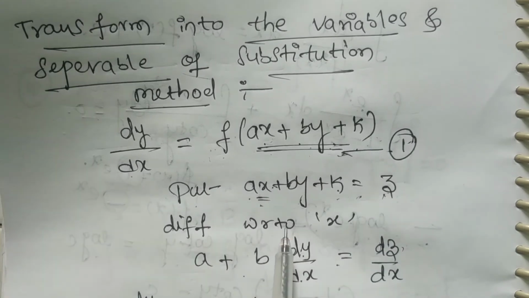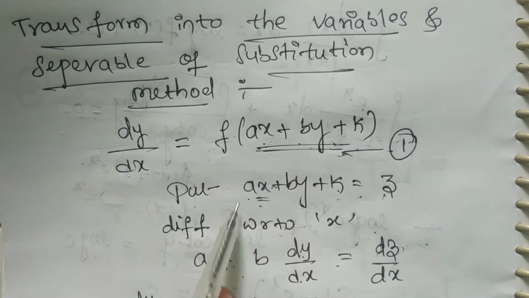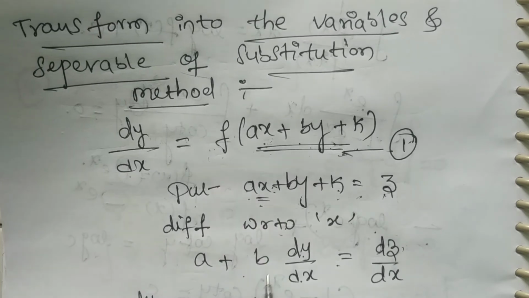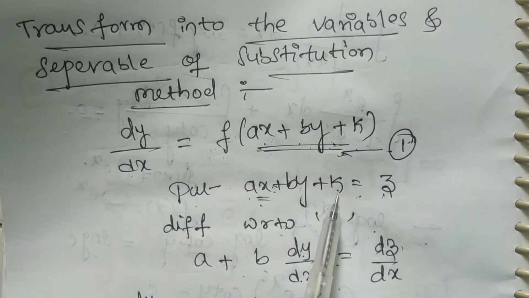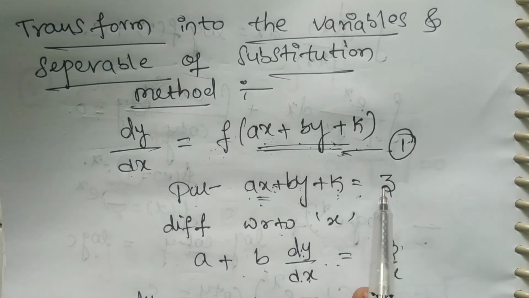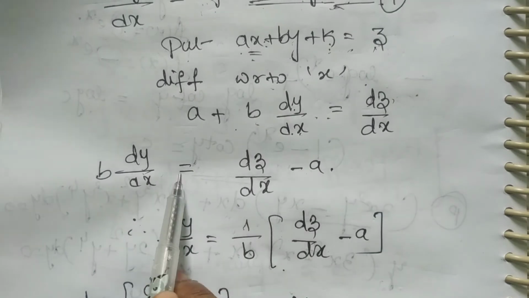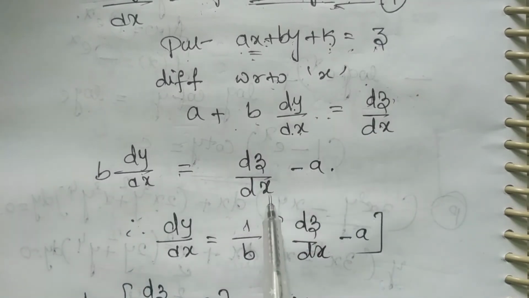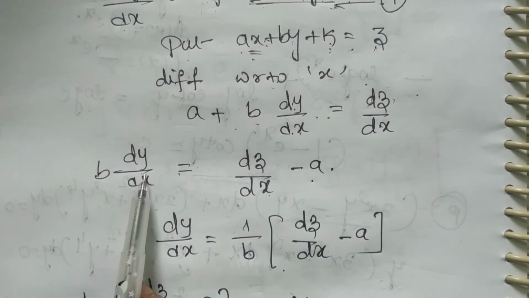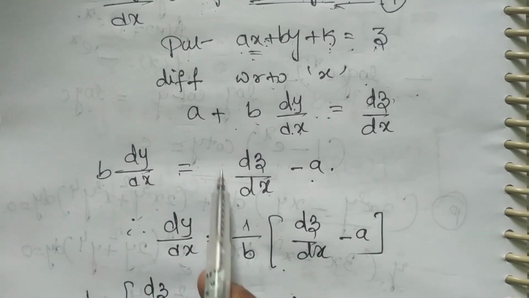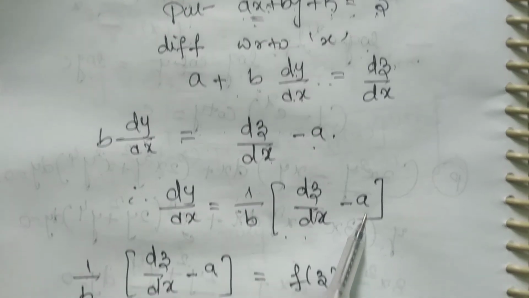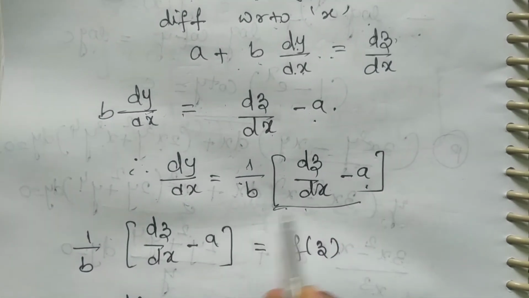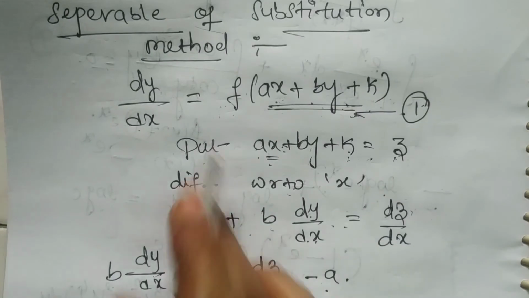Differentiating with respect to x, we get a into d by dx of x, which is 1, plus b into dy by dx, the constant is 0, equal to dz by dx. So b into dy by dx equal to dz by dx minus a, then dy by dx equal to 1 by b of dz by dx minus a. Therefore, substituting these values in equation 1.